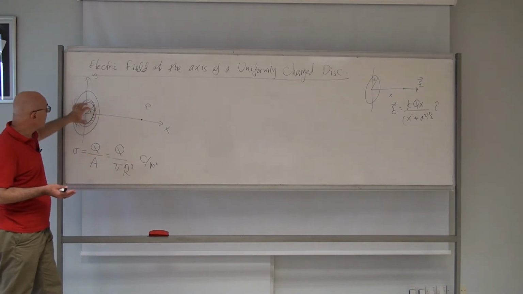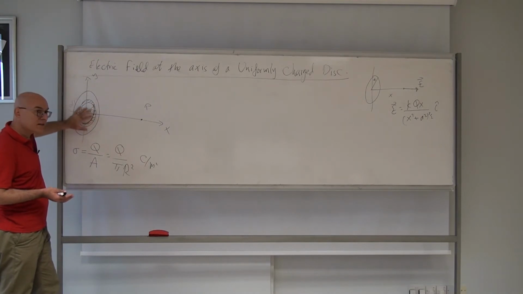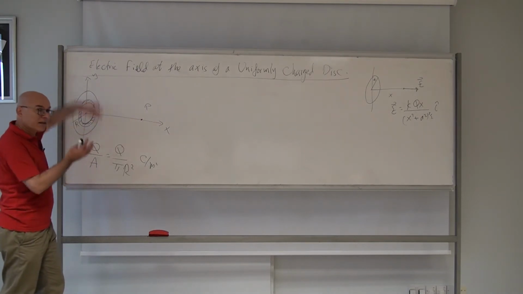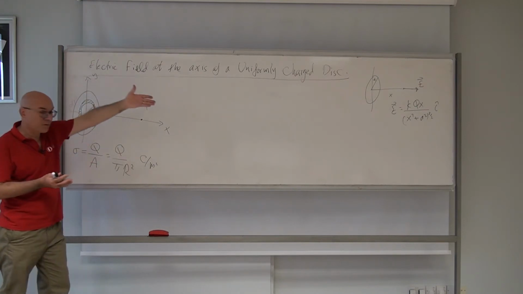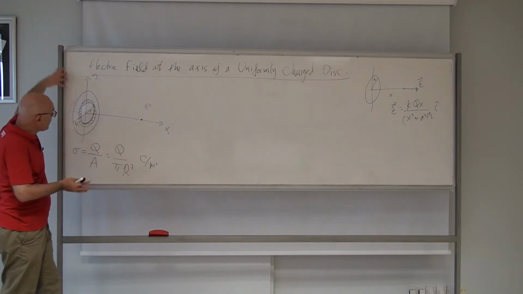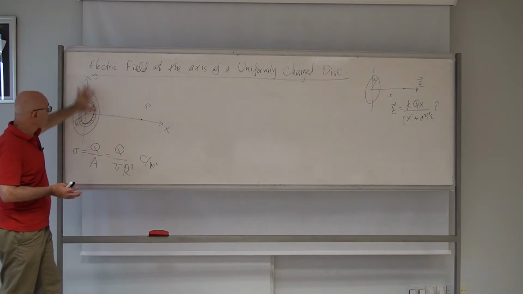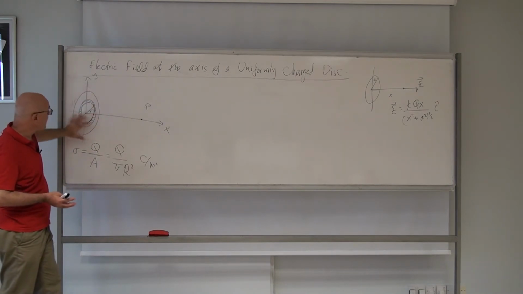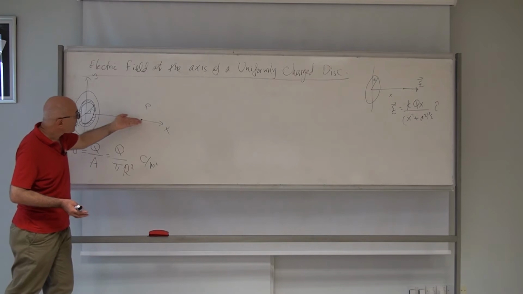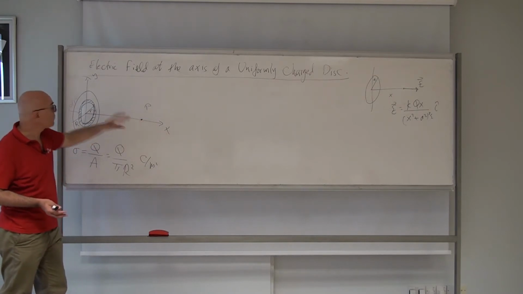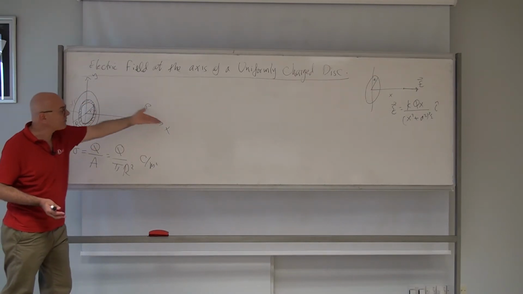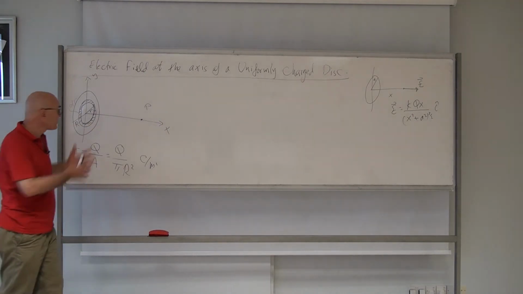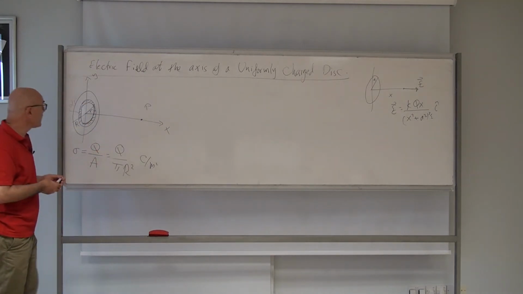We split the disk into small rings, find the electric field of each ring using the expression that we already know, and then add these all together to cover the whole charge distribution. And for the disk, the electric field will be along the x-axis, because each ring will contribute a field exclusively along the positive x-axis.